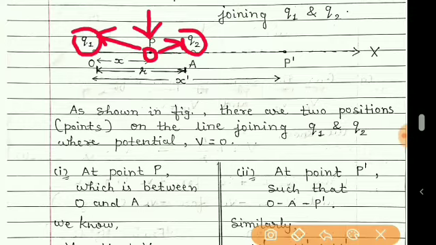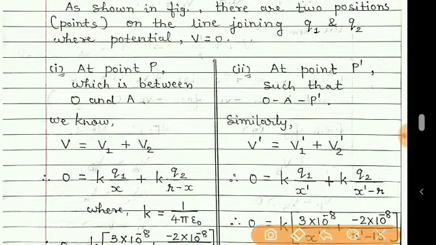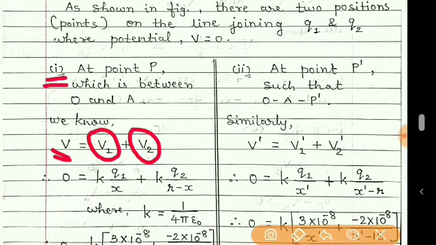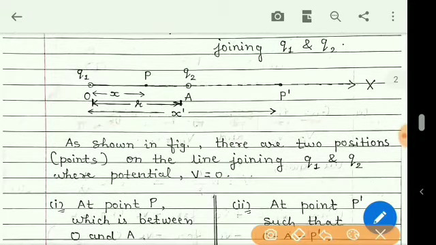And so we will apply a simple method: the total or resultant potential V is equal to potential due to first charge, V1, plus potential due to second charge, V2. And here we have taken the condition that the potential is 0 between O and A, means at this point, which is between O and A.